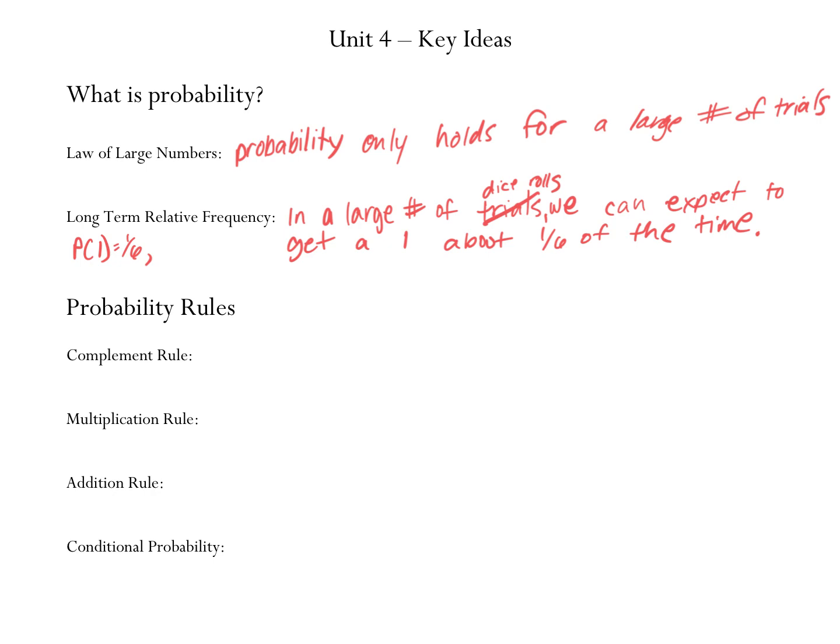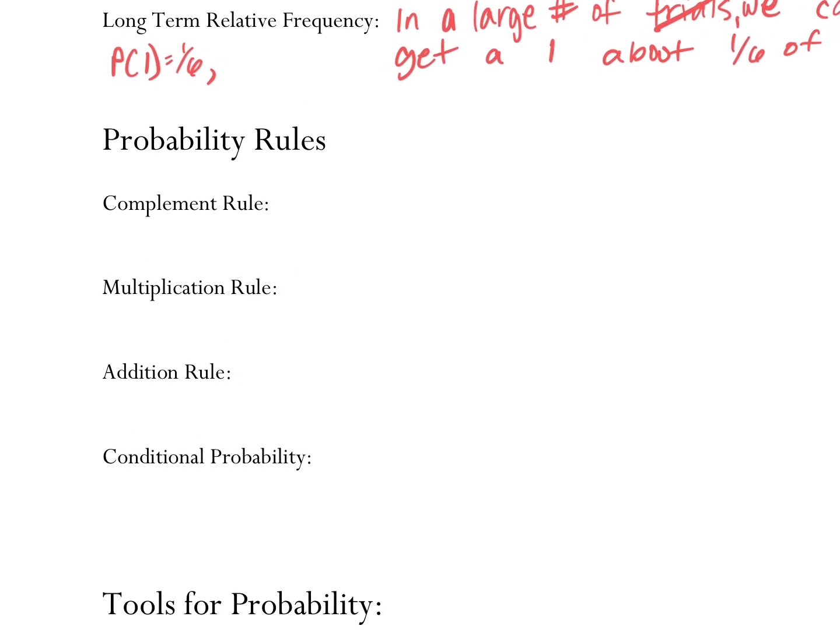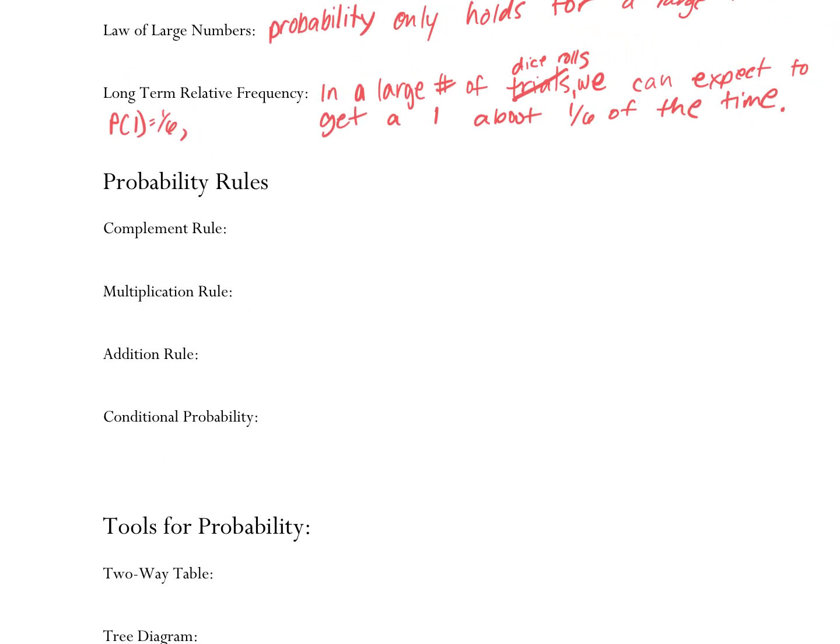All right, now, from that, we also had some probability rules, some of which are even on your formula sheet, okay? So the complement rule is not, but if I want to know the probability that A does not occur, I do 1 minus the probability that A does occur, okay?